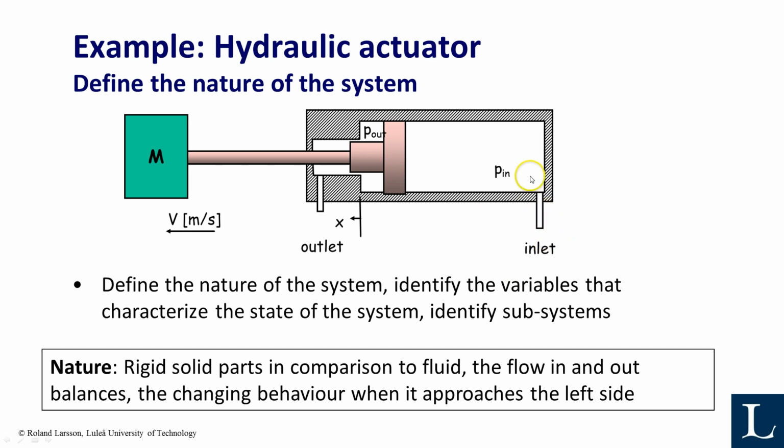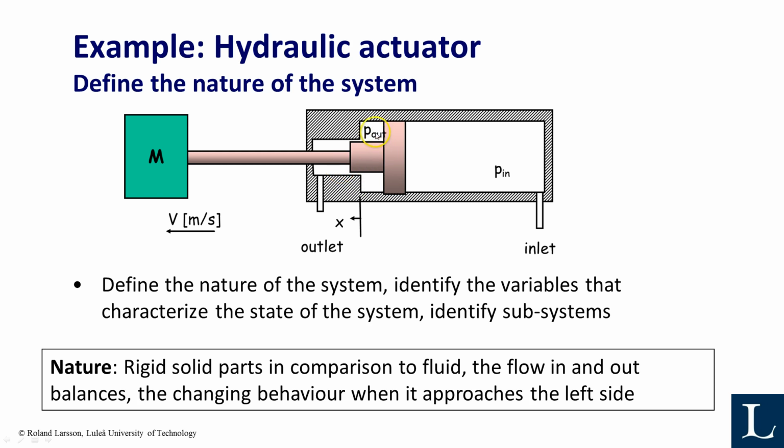So the fluid that comes in here and presses the piston to the left must also come out here. The same amount must come out here. And when this part of the piston is coming in here in the more narrow part, something is changing. That is an interesting thing, isn't it? So this part of the system needs some attention, I guess.